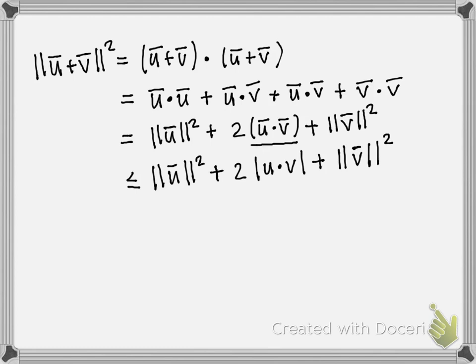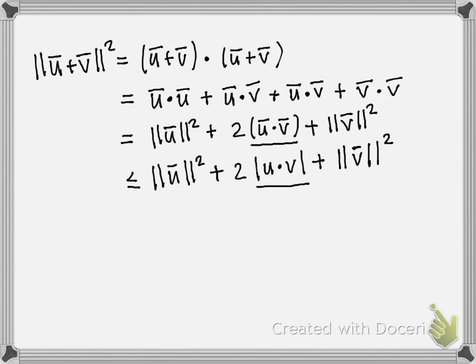So now I'm going to use the Cauchy-Schwarz inequality. The Cauchy-Schwarz inequality is in the section, but I'm not going to prove it. It basically says that the absolute value of the dot product, which is what I have right here, is at most the product of the norms of each of the vectors.